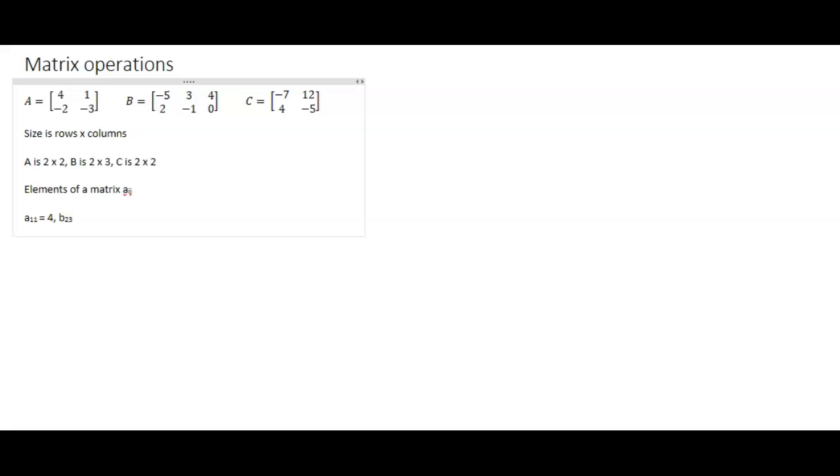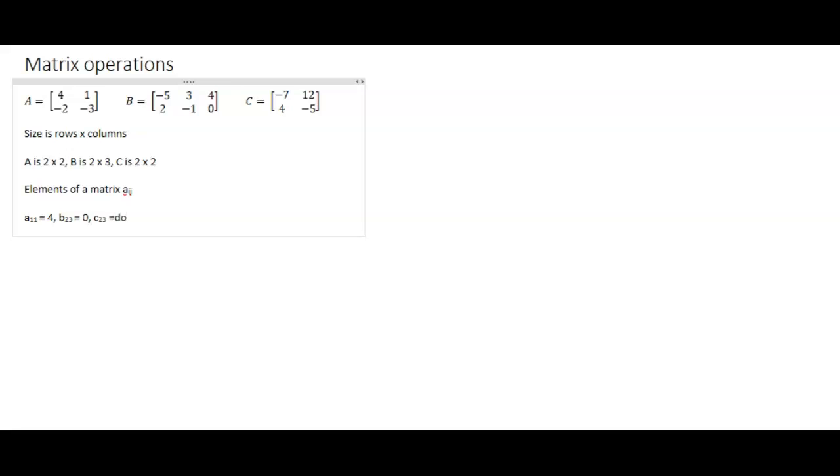If I say b23, I'm talking about the element of matrix B that's in the second row and the third column. b23, the thing that's there is a 0. So b23 is 0. If I say c23, I'm going to go to matrix C, the second row, the bottom row, the third column. C doesn't have a third column.